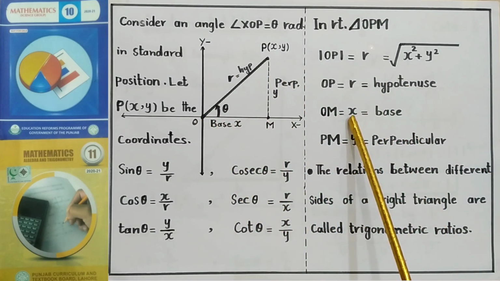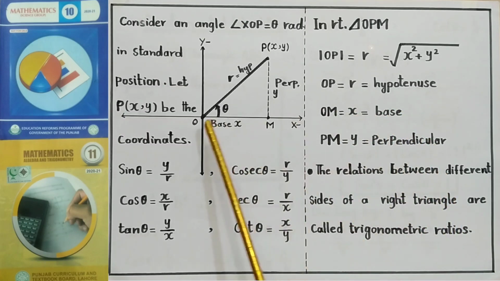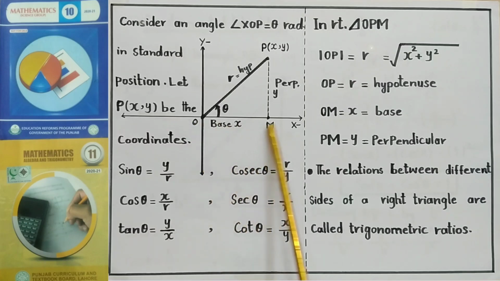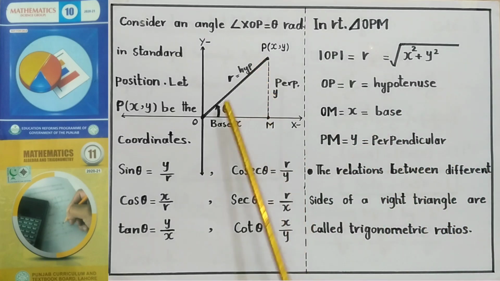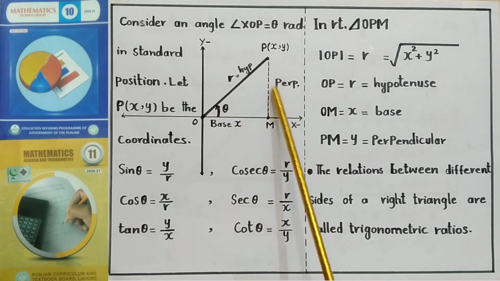OM is equal to x is equal to base. It is the side of the right angle triangle along the x-axis positive direction. PM is equal to y is equal to perpendicular. It is the side opposite to the angle theta given in the standard form and is called perpendicular.